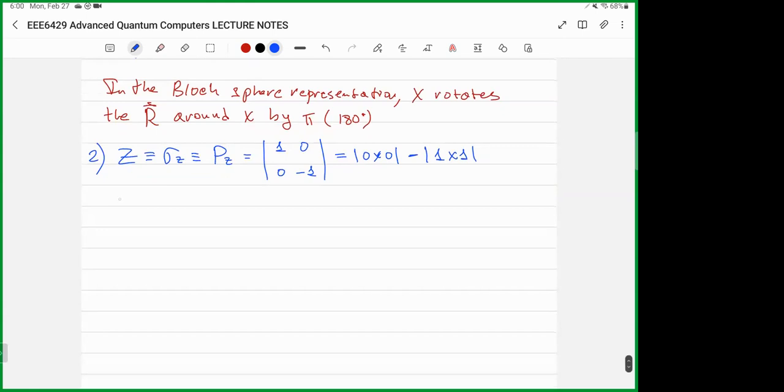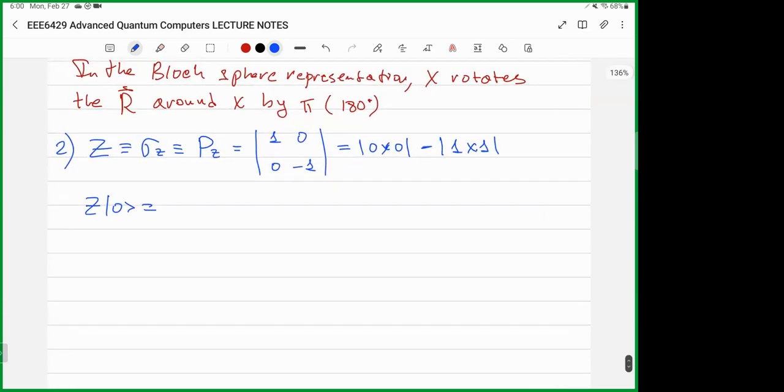So let's take this Z gate and act on the state 0, for example. What will I get? From this representation, I see that what I will get is actually the same state 0. And what if I act with Z on state 1?